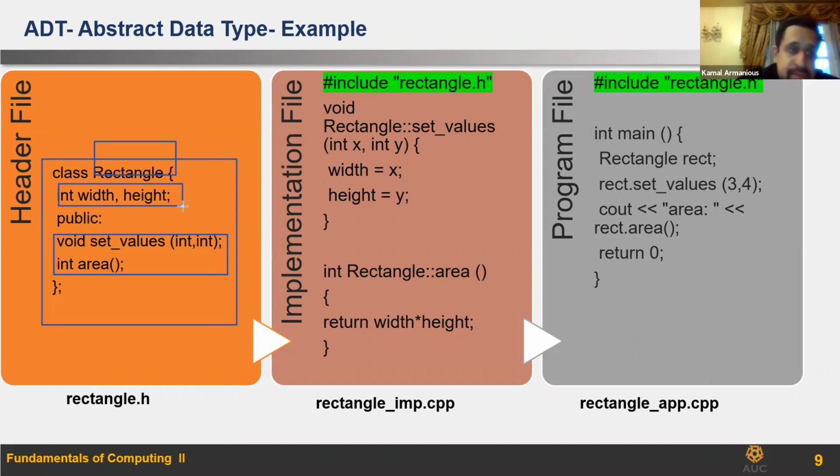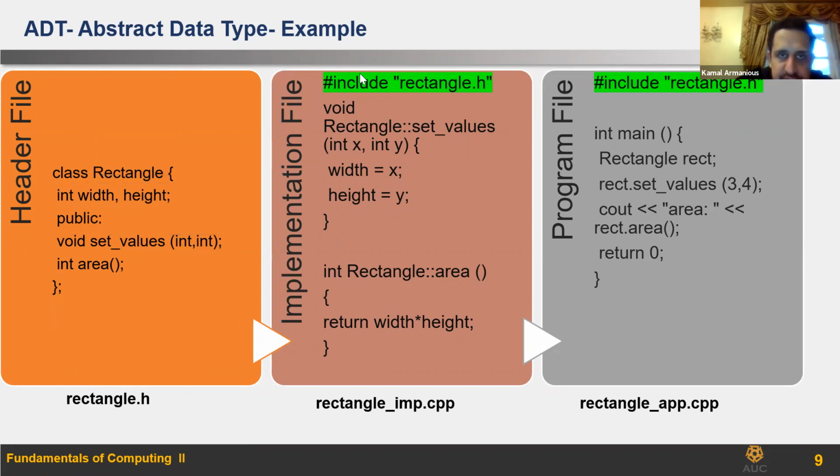And then we have the implementation file. So how many functions do we have here? We have one function and we have the second function, set values and area. In the implementation file, you will start implementing those two functions.